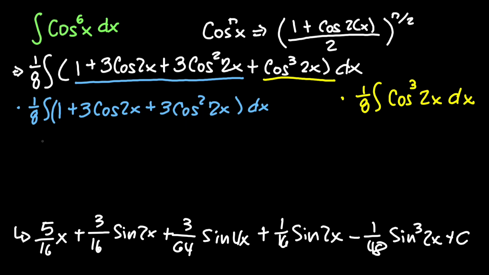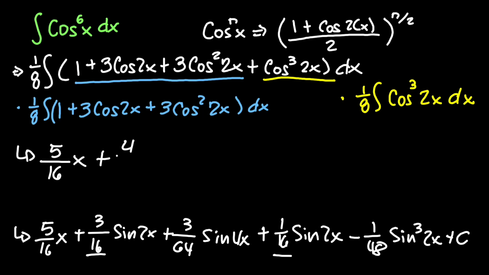And so we must first simplify this. You can see here we have a common term of sine 2x and another sine 2x right here. So we must add their coefficients together, or simply the numbers beside them. And so the final answer for the integral of cosine to the power of 6 of x would be 5 over 16 x plus, wait, I forgot, 3 over 16 plus 1 over 16.